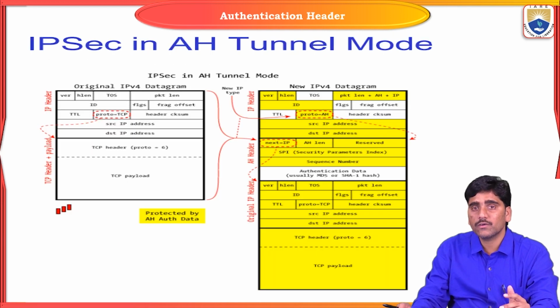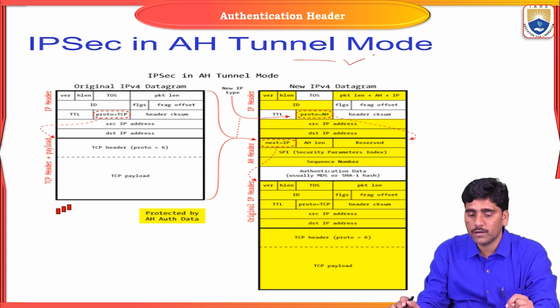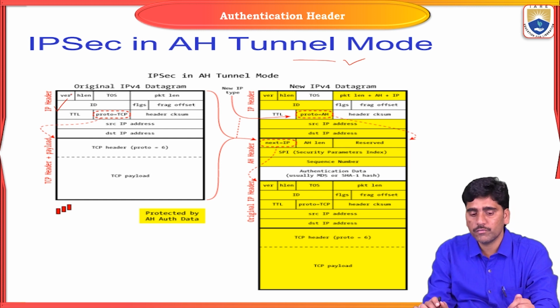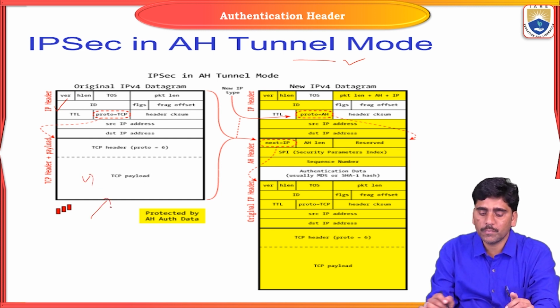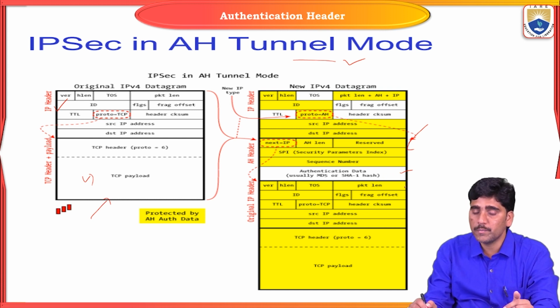Now, IP secure authentication header in tunnel mode. This is the original IPv4 header, and this is the TCP data, which is not protected by the authentication header. But the packet with the authentication header in IP security tunnel mode contains an additional IP header.